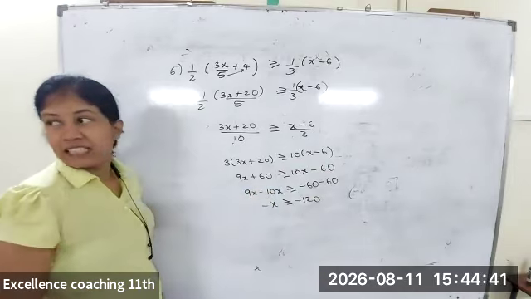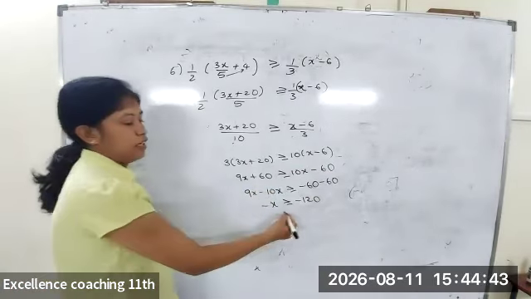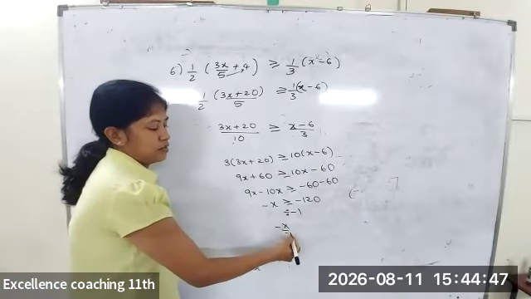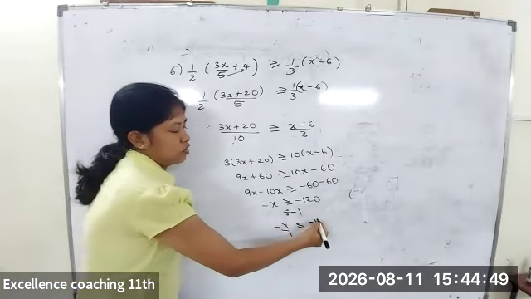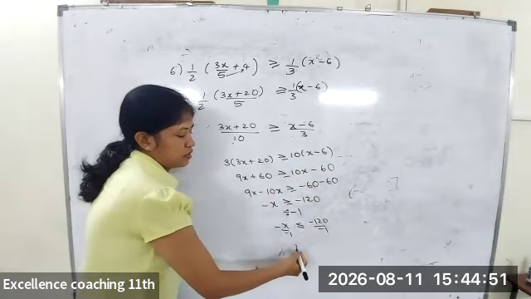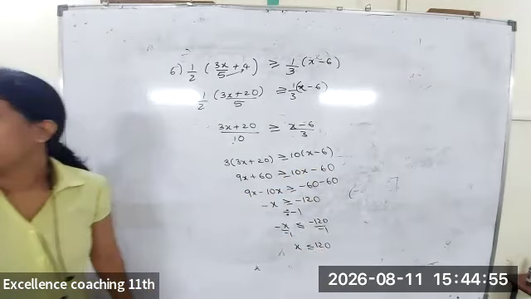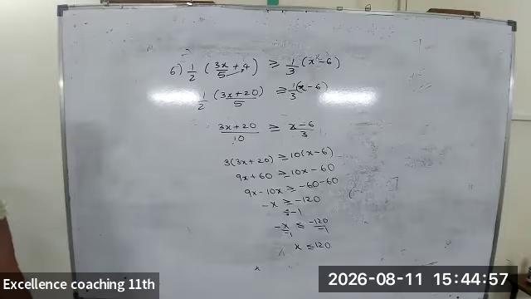Do not directly cancel this. Divide by -1. So change the sign. Check if you are getting this answer, if you have done it in a different way.